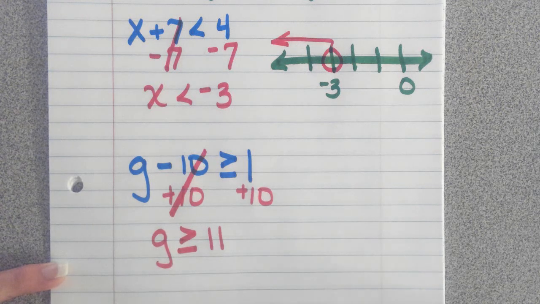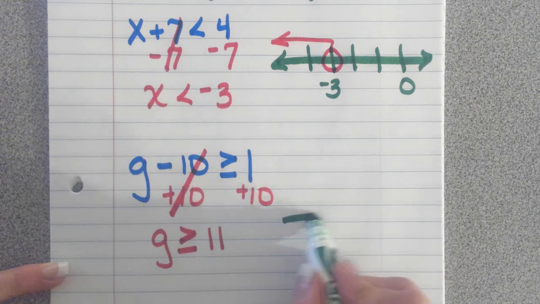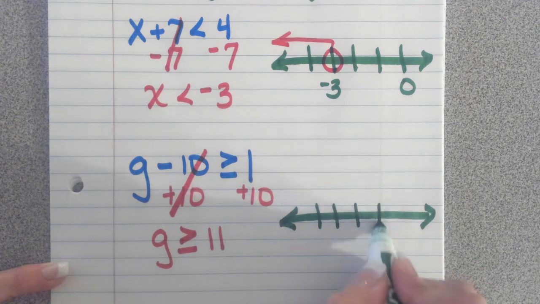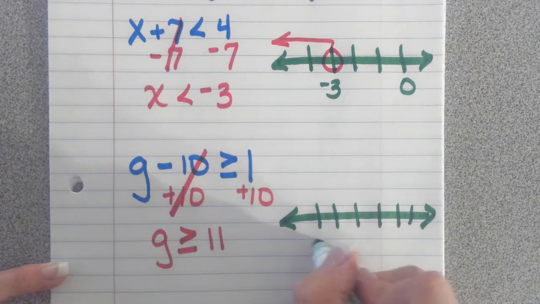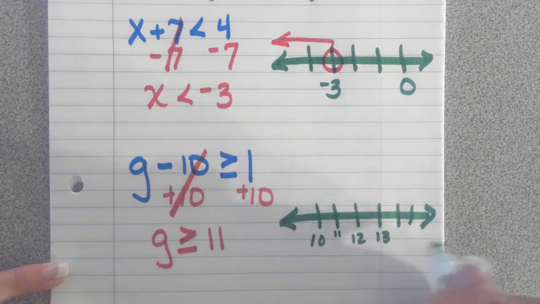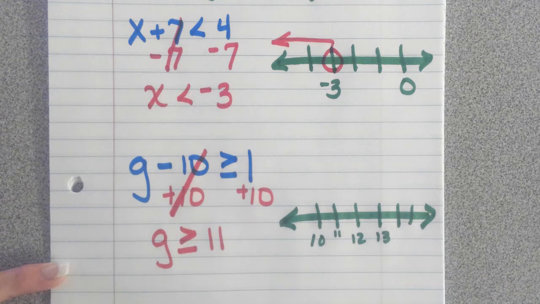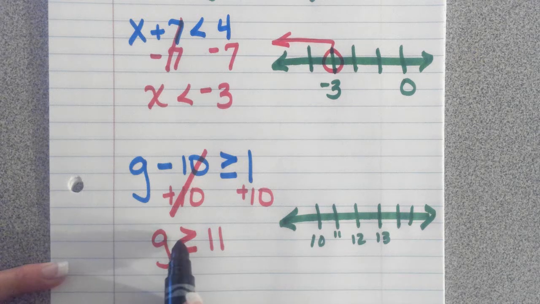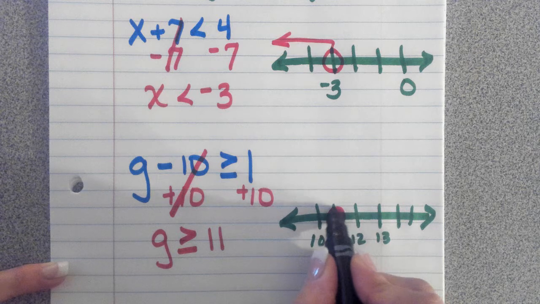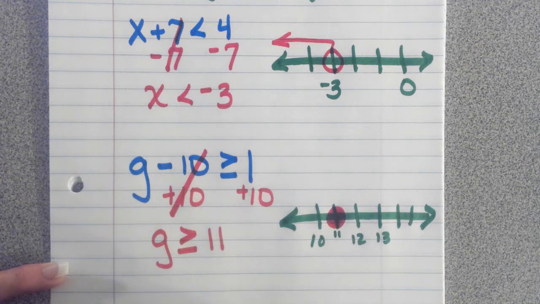All right, on a number line, that would look similar to this. I'll draw some lines. I'll call this one 10, 11, 12, 13, and so on. So my G is bigger than or equal to 11. To indicate that it could be equal to 11, I put a solid dot.